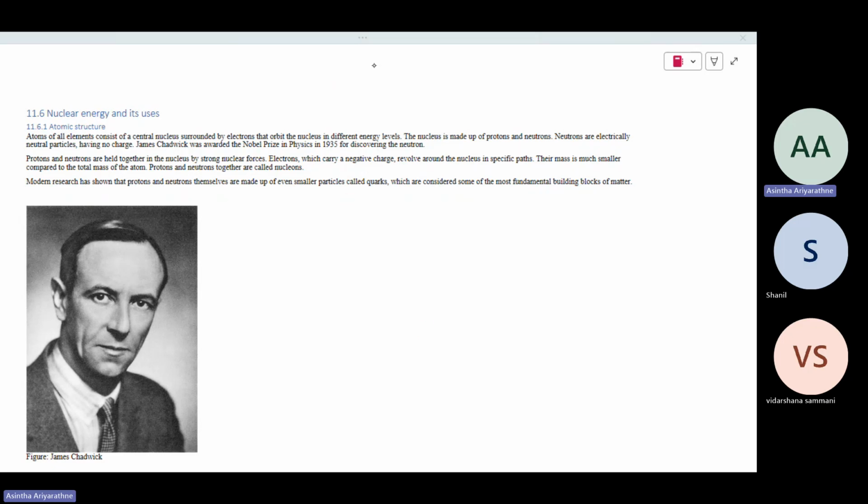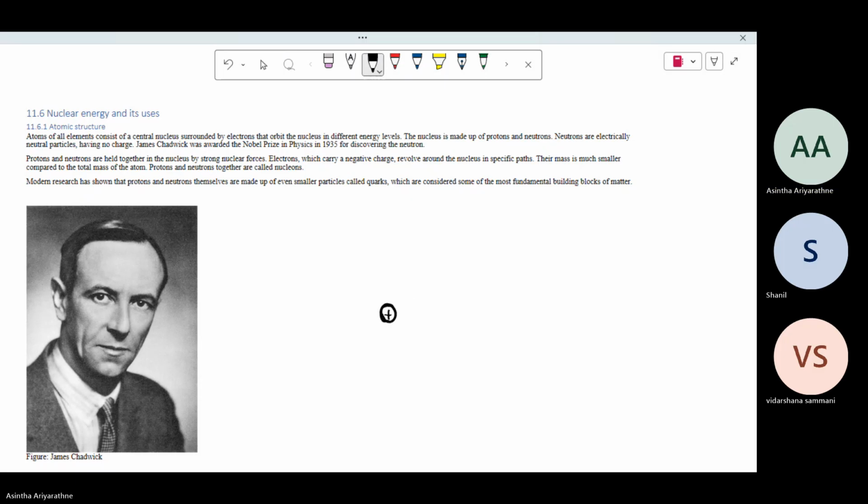The main idea about the modern atomic structure is that there is a positively charged nucleus at the center, and the electrons. The nucleus is positively charged and very small.